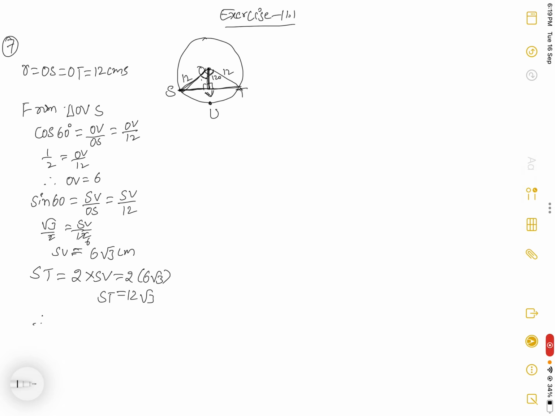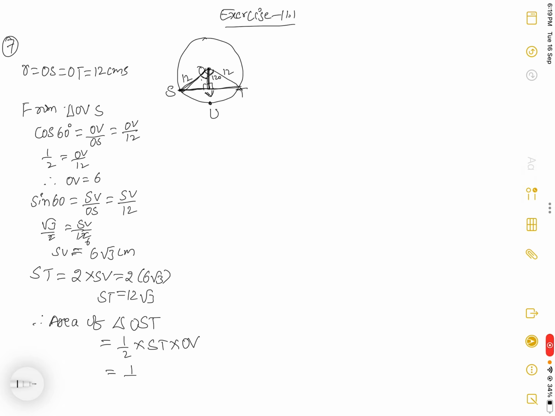Therefore, area of triangle OST equals half into base ST, height OV.